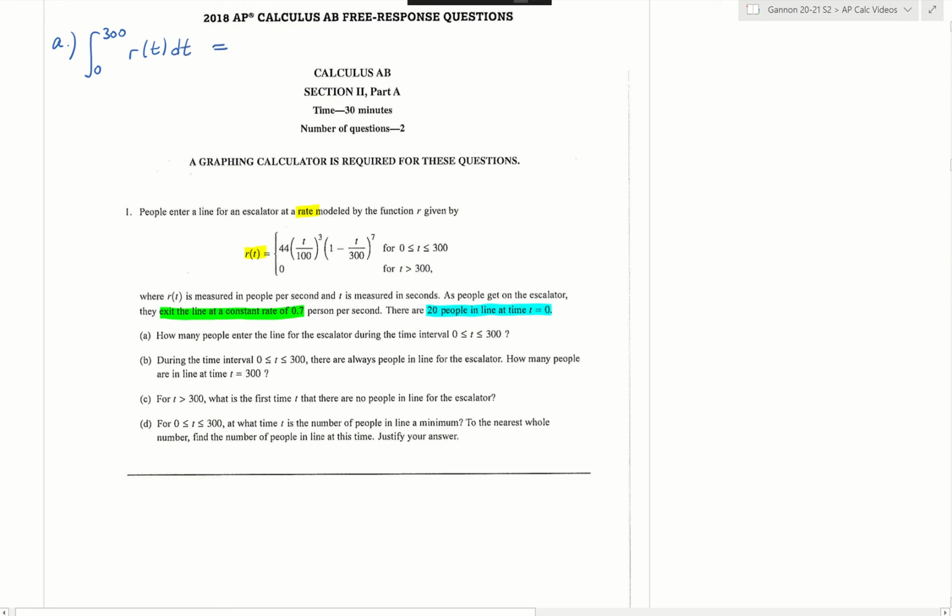Because this is a calculator active question, we are going to use the calculator to find that integral.